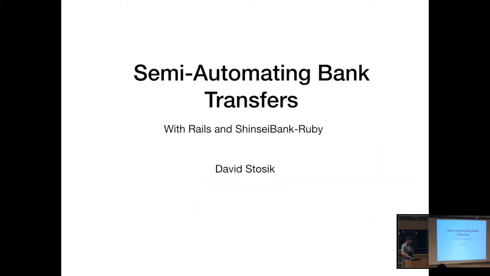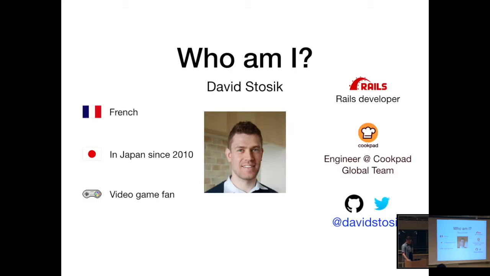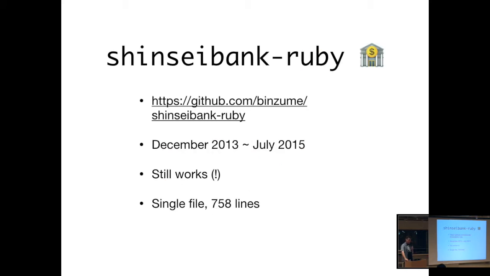So yeah, automating some operations with my Shinsei Bank account, which is the topic of the talk. I'll start with a gem that I presented last Rails Meetup briefly, which is called Shinsei Bank Ruby. That's a pretty old gem that hasn't changed in 2 years and still works.